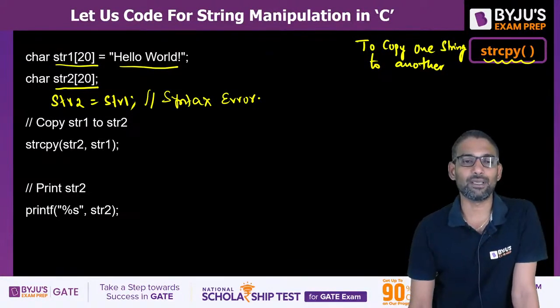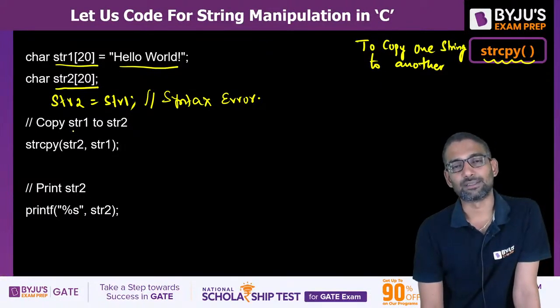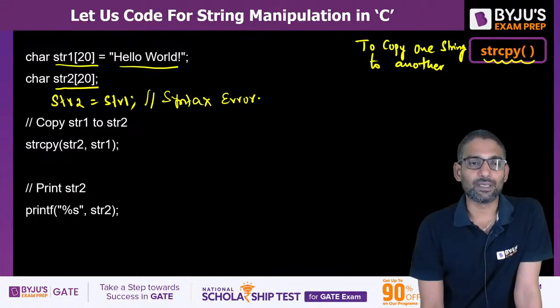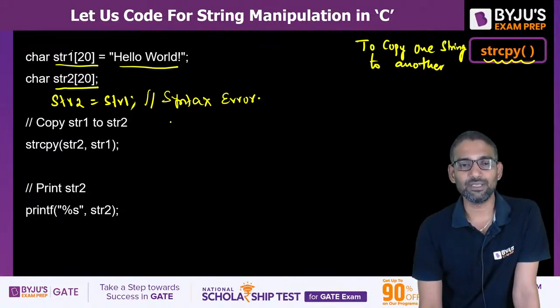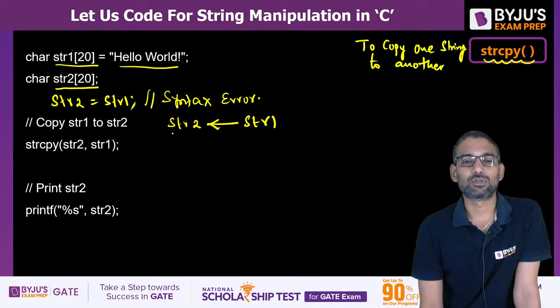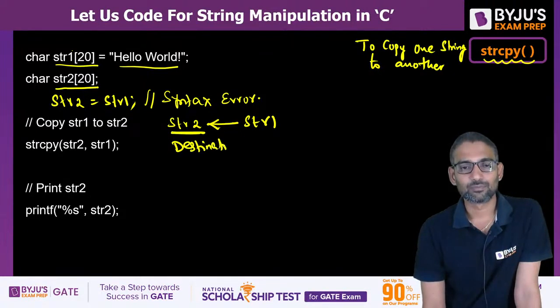So to copy one string to another, suppose I would like to copy the str1 value to str2, means str2 needs to get str1. So the destination string is str2, the source string is str1.